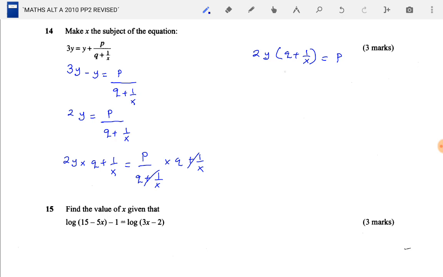To remain with q plus 1 over x alone, we are going to have q plus 1 over x is equal to p over 2y, because if you divide by 2y on both sides, that's what it becomes.